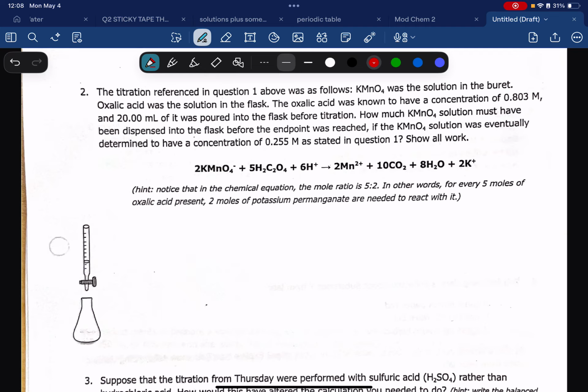We know what the concentration is of my oxalic acid, and we know that my oxalic acid is in the flask. So in my flask, right here, I have a concentration of 0.803 molar, and I also know that it is 20.00 milliliters in there.